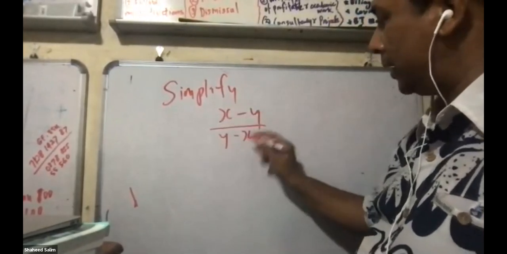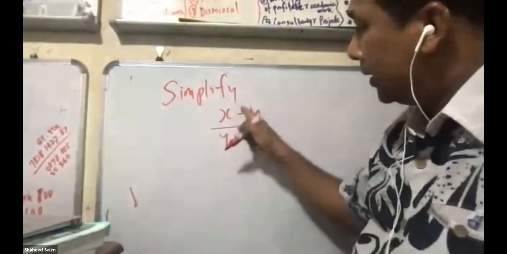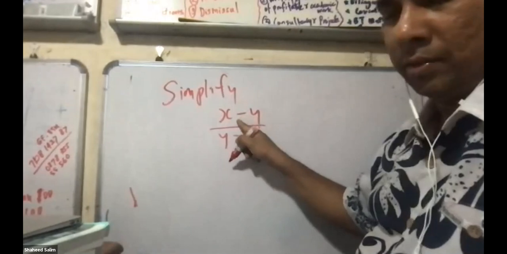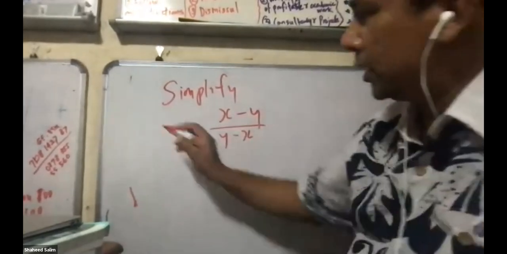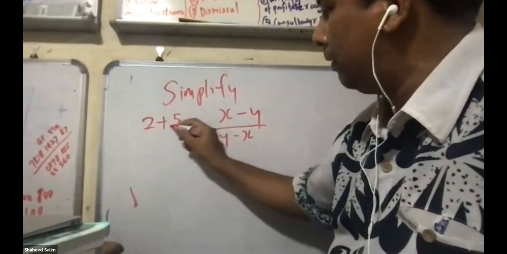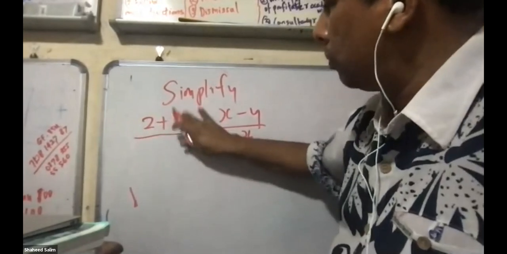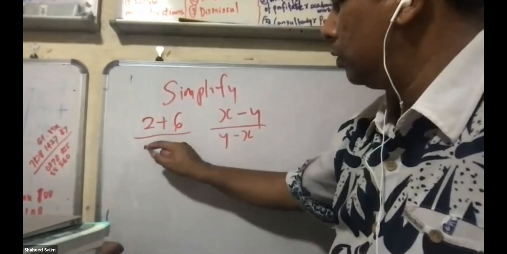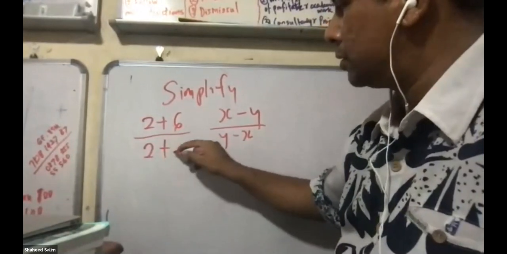You cannot cancel like this, no, x. Don't make a mistake. This is being added. You can only cancel when it's being times. Then you can cancel. You see, let's say 2 plus 6 over 2 plus 12.